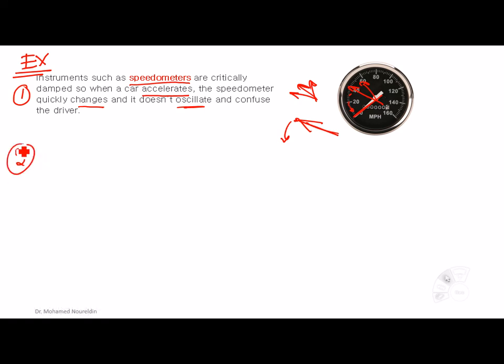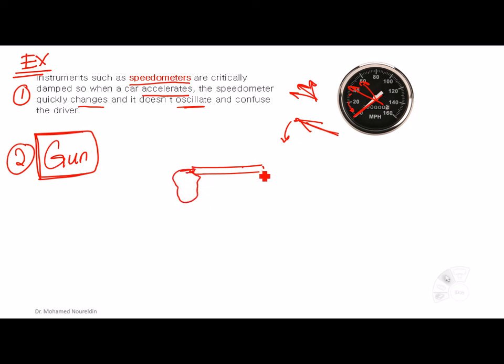Another common example is the gun. The gun is made critically damped so that it returns to the neutral position in the shortest time between firing. So you can write it like this: it is made critically damped so that it returns to neutral position in the shortest time.